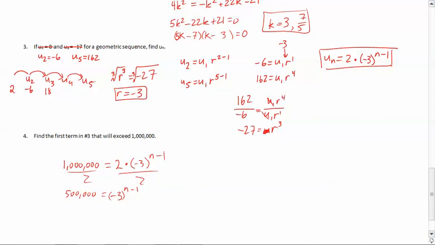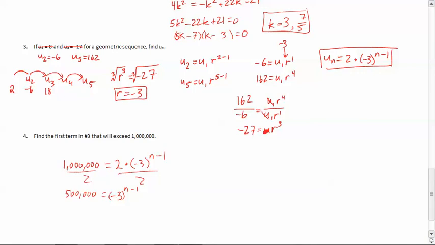So at this point, we're going to have to do a little bit of a change, because you can't take the log of a negative base. If we rewrote this as it was, it would be log base negative 3 of 500,000 is equal to n minus 1. And that would be a problem, because you can't have a negative base for a log.